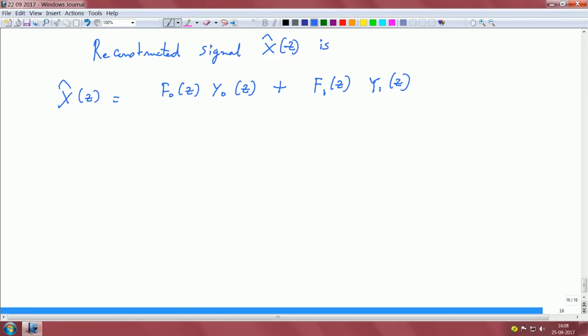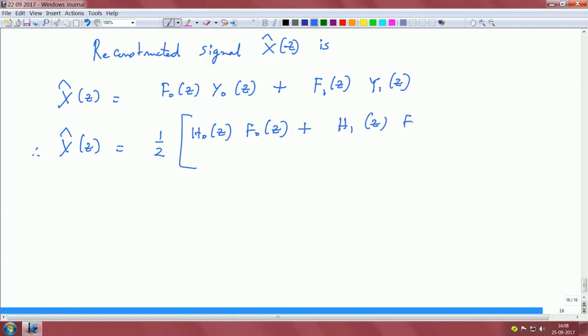This is straightforward. So now I simplify all this. I have 1/2 h naught of z f naught of z plus h1 of z f1 of z times x of z.